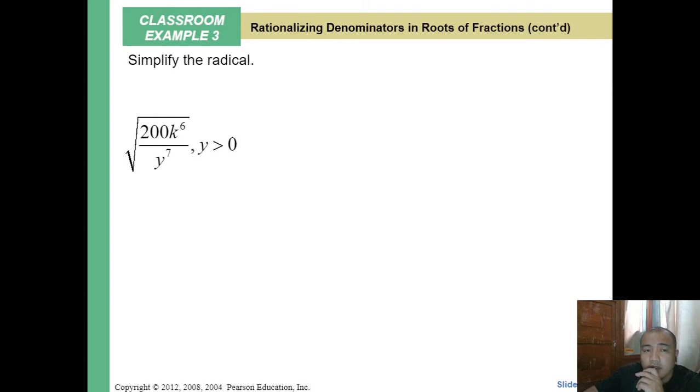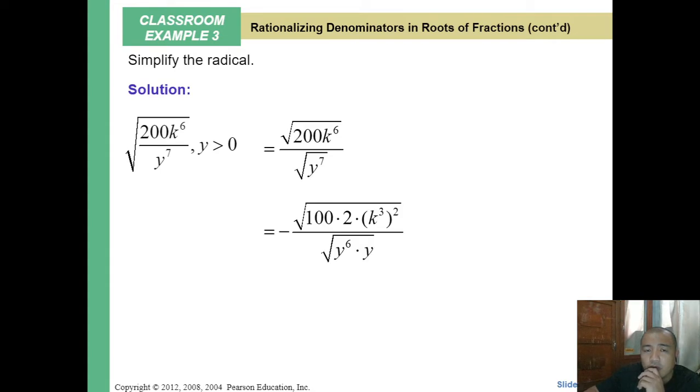Y is greater than 0: square root of 200 k to the 6 divided by y to the 7th. Let's factor 200 as 100 times 2. Then k to the 6 is k cubed squared. And y to the 7 in the denominator is y to the 6 times y. So we simplify: 10 k cubed square root of 2 over y cubed square root of y.